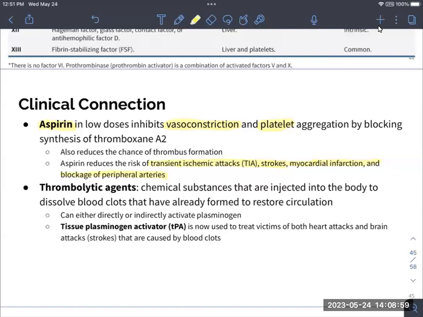We have thrombolytic agents. These are something that gets injected into the system to help dissolve out blood clots. So say somebody has a blood clot kind of floating through their bloodstream.